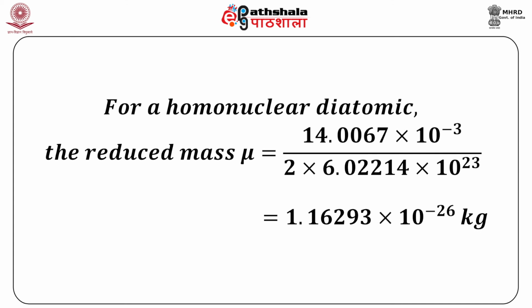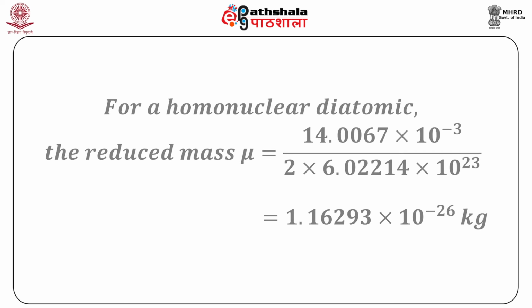So, for a homonuclear diatomic molecule, we have already seen that the reduced mass is given by the atomic mass, 14.0067 into 10 raised to the power of minus 3 to convert from grams to kg, divided by 2, because the reduced mass of a homonuclear diatomic is half the mass, and you divide by Avogadro's number, and what you get is a value which is 1.16293 into 10 raised to the power of minus 26 kg.